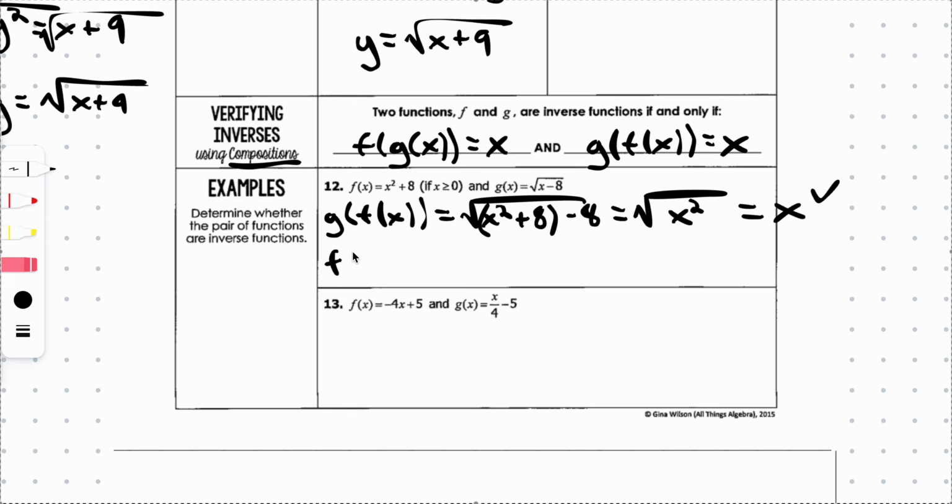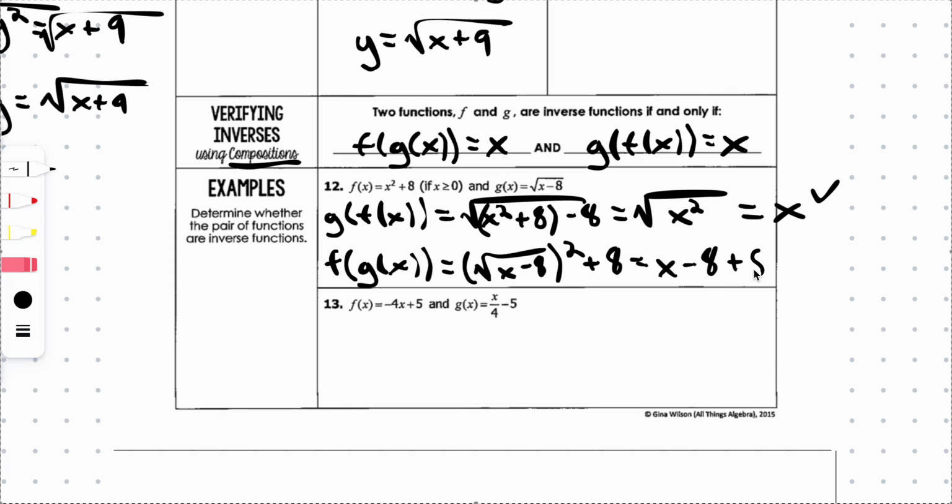We're going to have to do it with f of g of x now. Anytime we see x in our f of x function, we want to plug in our g of x function. So we have x squared, so we're going to have the square root of x minus 8, squared, plus 8. The square root of x minus 8 squared is just going to be x minus 8, right?